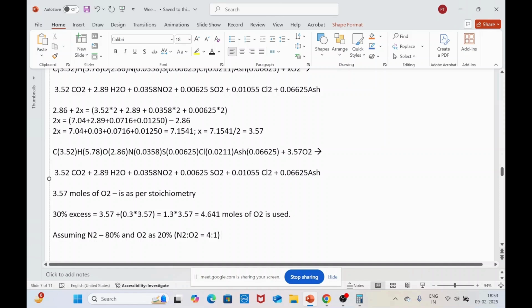Again, here we are neglecting the contribution from the other gases because they are present in very negligible quantities. Air predominantly contains nitrogen and oxygen, so that's the reason we are taking only these entities into consideration. So if we have 4.641 moles of O2, then how much will be nitrogen?